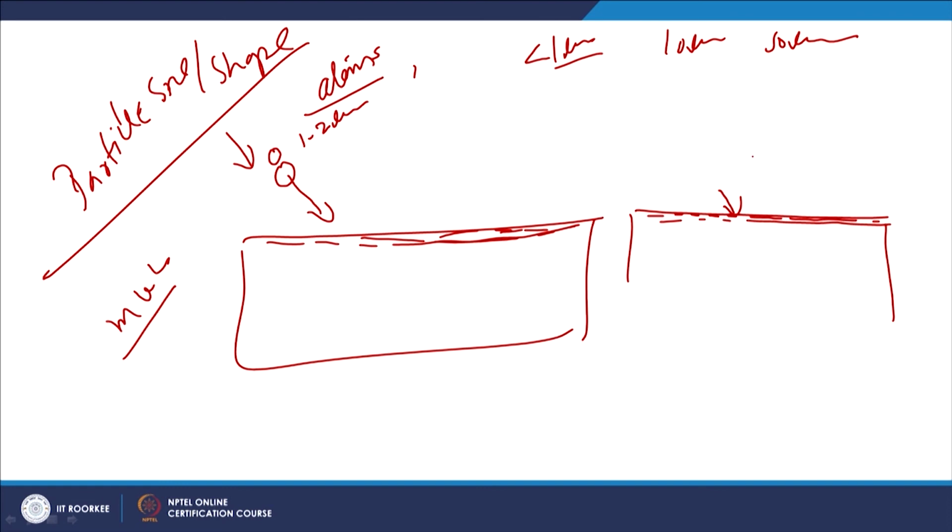So, in this case very little surface layer is affected, and therefore the depth of indentation is also less and scratching is also less.